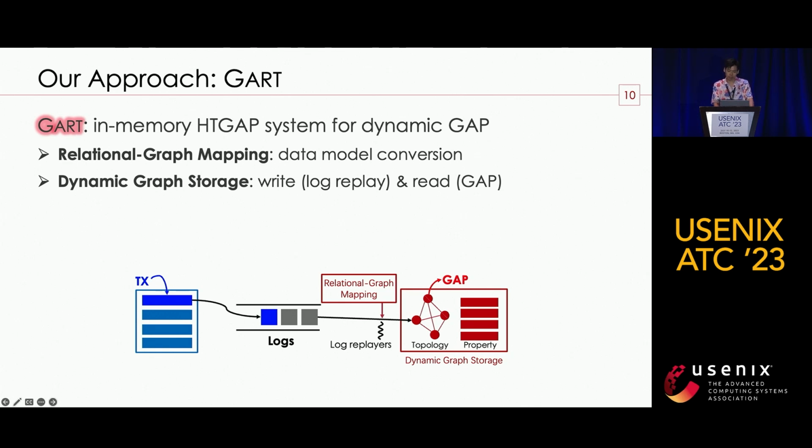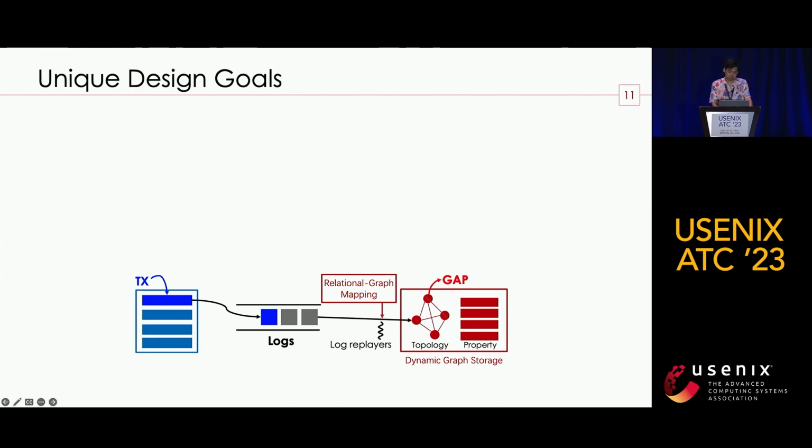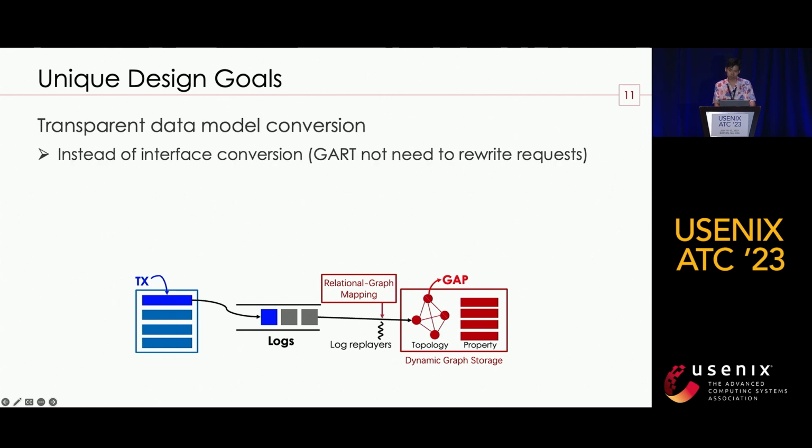It can handle concurrent reading and writing operations. For high performance and data freshness, it uses log replayers to update graph data, which can be read by graph analysis. To support HTGAP workloads, GAT should address at least two unique design goals that have not been addressed in previous HTAP systems. First is the transparent data model conversion.